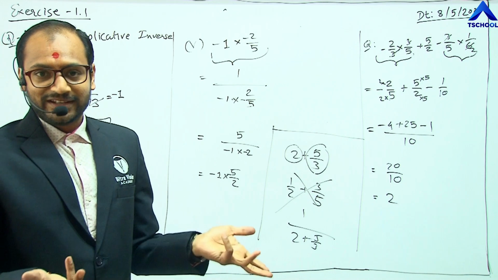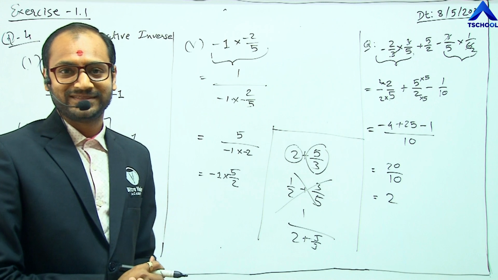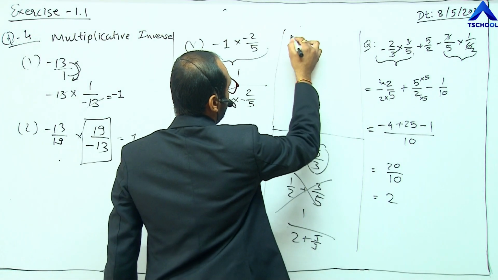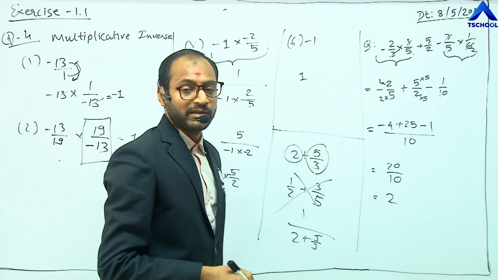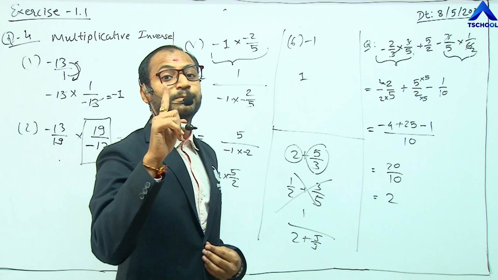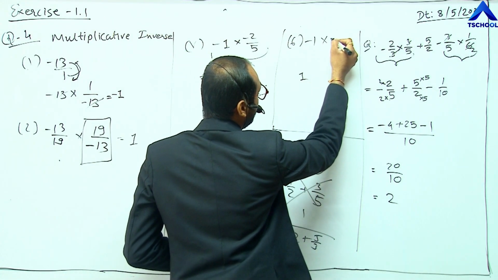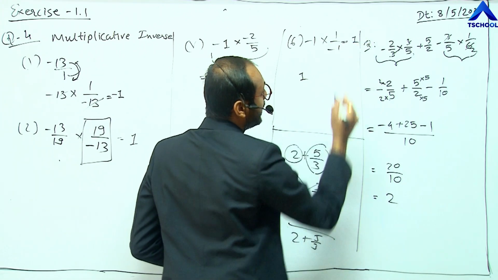Now the last one, the inversion of minus 1 is minus 1. Here you should remember, the inversion of minus 1 is not plus 1, because the result should be plus 1. So we multiply minus 1 by 1 upon minus 1, and this multiplication gives the result plus 1.